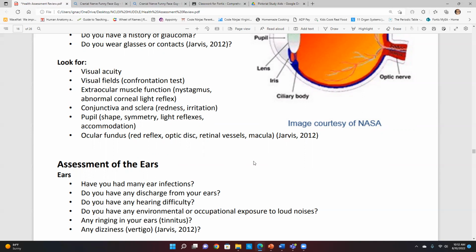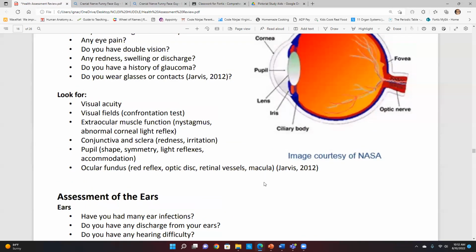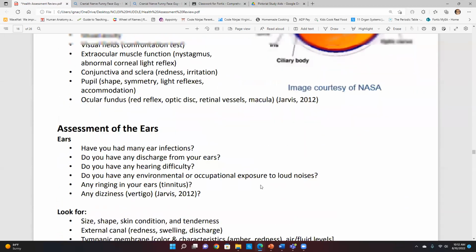Maybe it's yellow, right? And that will be called scleral icterus. So we're looking for all of these things when we are examining the eyes, okay? There should be a red reflex in the eye, right? And usually you have to have specialized training because not all providers understand how to check for the red reflex. But the red reflex is something that should be there, okay?